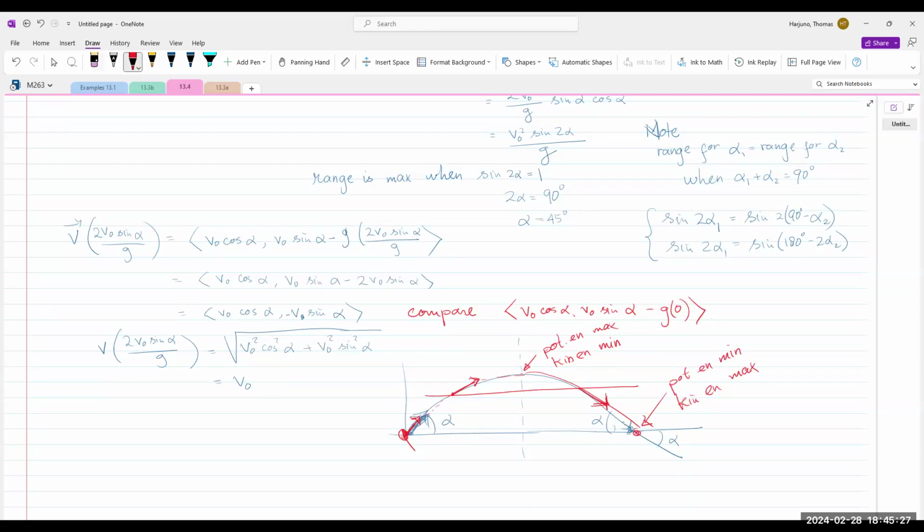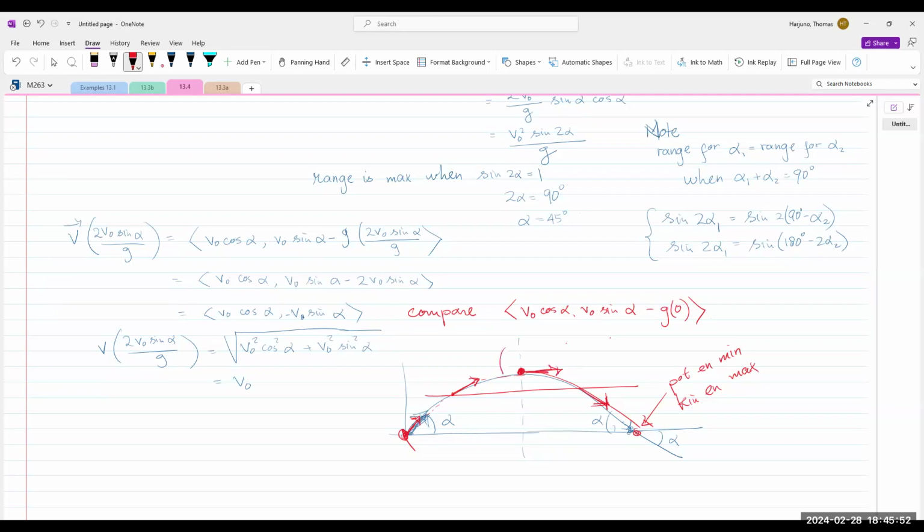Now, I once had a misunderstanding. When you say the kinetic energy is minimum here, are you saying at this point the projectile is not moving, the velocity is 0? No, the velocity is not 0. The vertical velocity is 0, but the horizontal velocity is still constant.